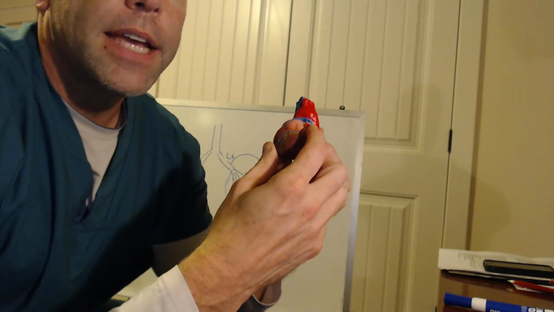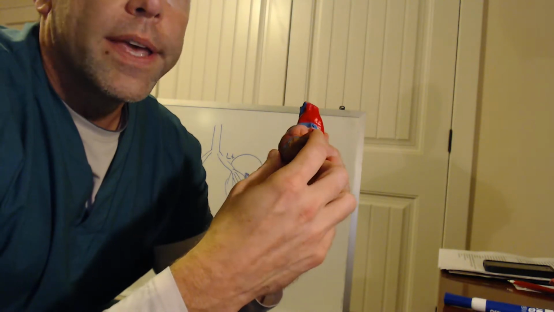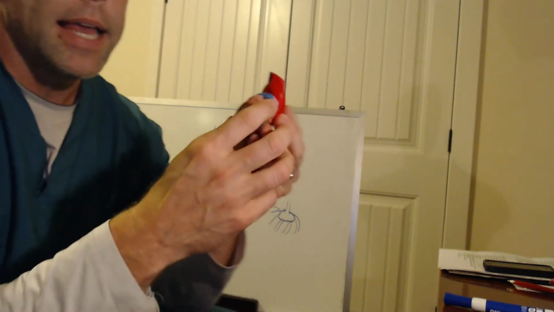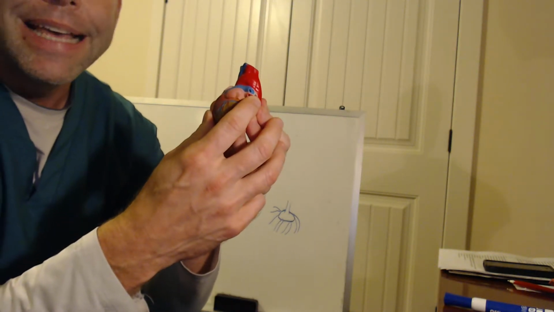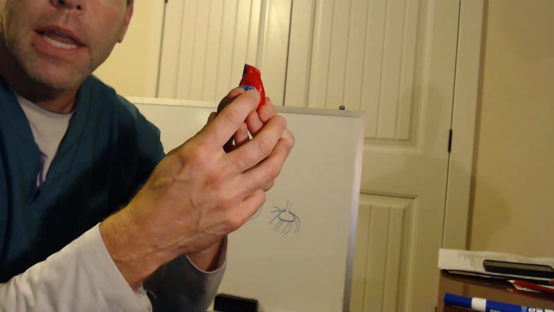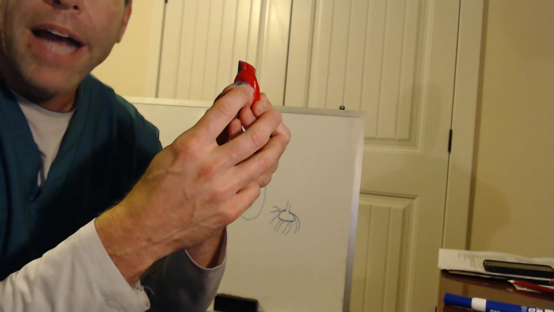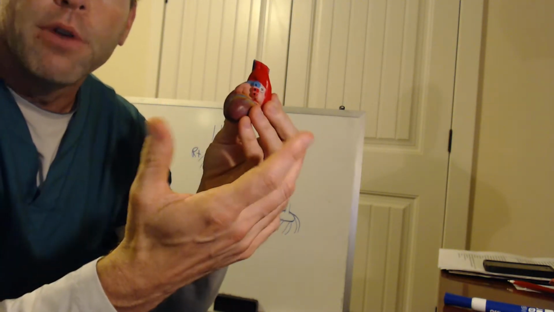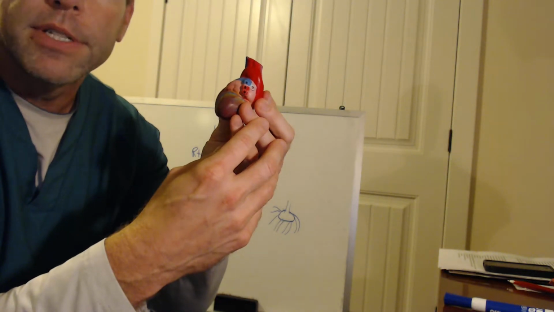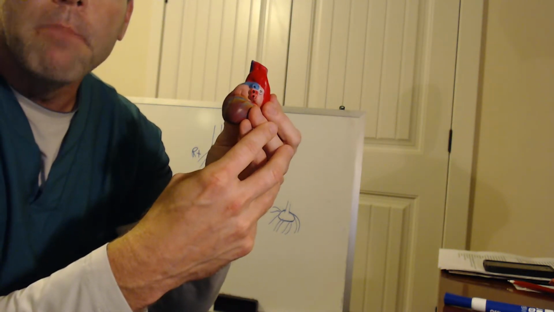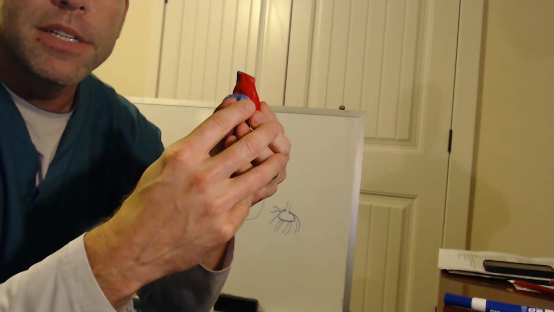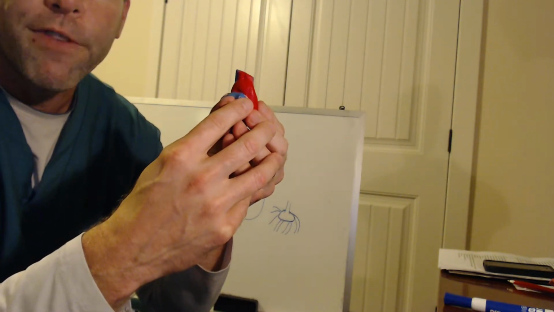Now, the left atria is going to have oxygen-rich blood, and that oxygen-rich blood is now going to go from the left atria through the mitral valve. The mitral valve may also be called the left atrioventricular valve because it separates the atria from the ventricles. It might also be called the bicuspid valve because it has two cusps or flaps.